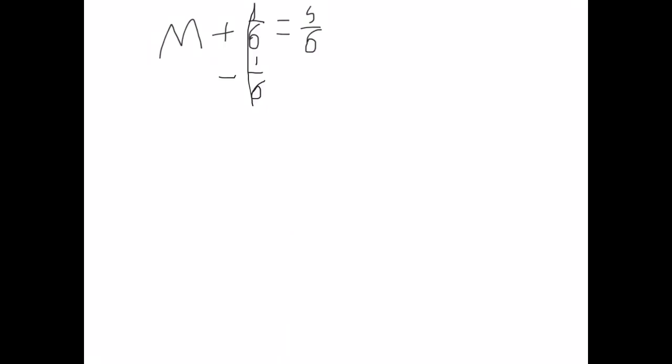And then I will do the same thing here too. 5/6, I'll minus this, but this one will actually go through. So it'll be 4/6. And then you divide by 2 to simplify. And it'll be 2/3.